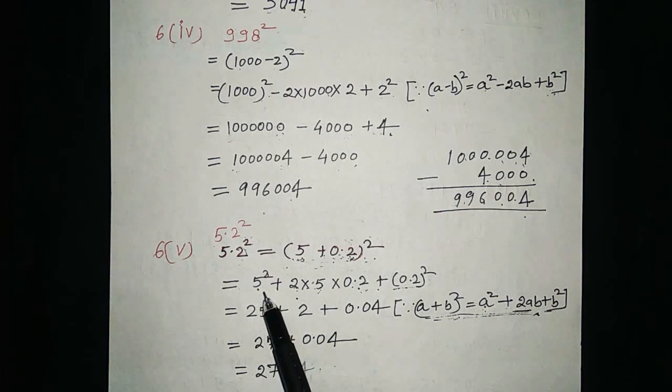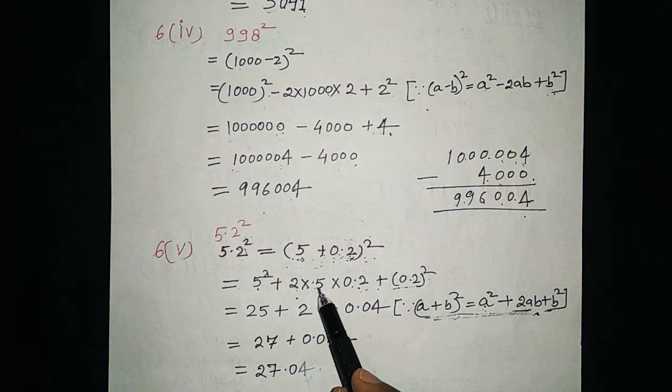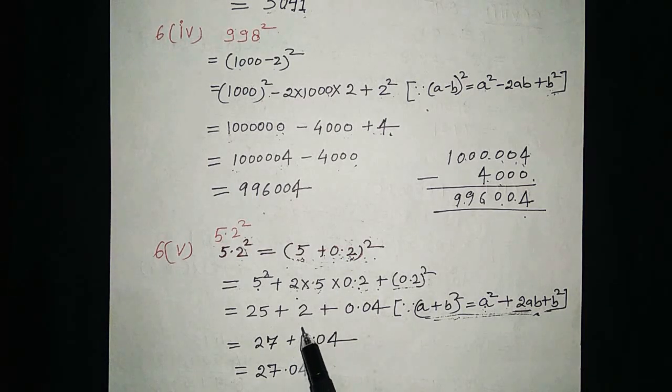Now 5 square, what? 5 into 5, and for that you can write 25 plus 2 5s are 10. Okay, 2 into 5, 2 5s are 10, and 10 into 0.2, what will you get here? 10 into 0.2, 2.